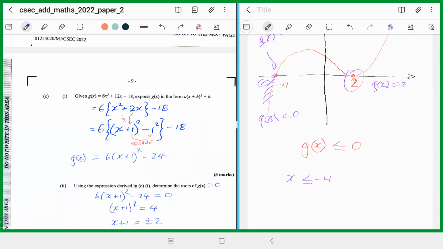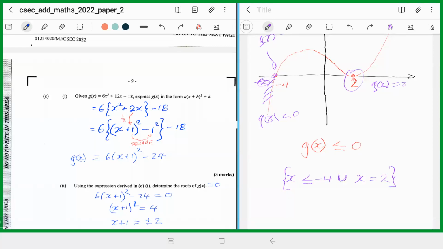We have the equal to for the 4, and we have the less than negative 4 for over here. See that? Union x equals 2. That will be the solution for this.